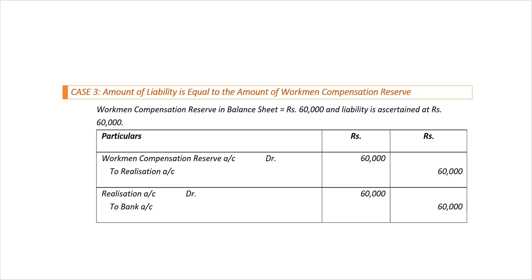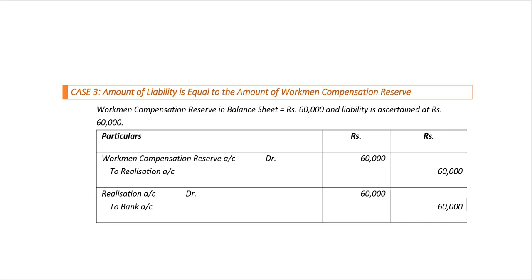Case 3. What happens if the amount of the liability is exactly equal to the amount of Workmen Compensation Reserve? Let's say the Workmen Compensation Reserve in the liability side of the balance sheet is rupees 60,000 and the liability against the reserve is ascertained at rupees 60,000.